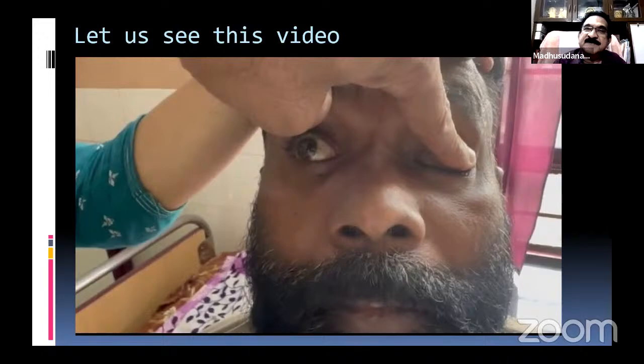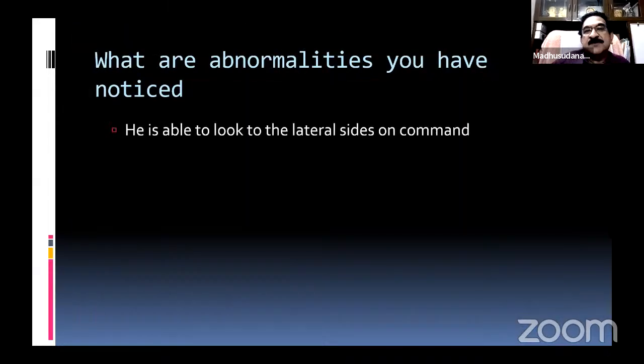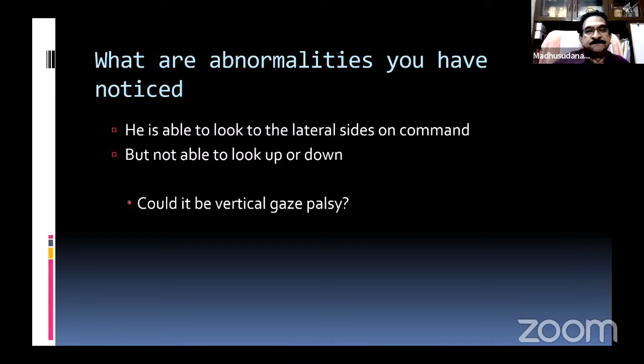He is able to shift his gaze to the left and right, but up and down he is not able to move. Okay, that's what you observed here. So the abnormality noticed is that he is able to look to the lateral side on command, but not up and down. Could it be a vertical gaze palsy?